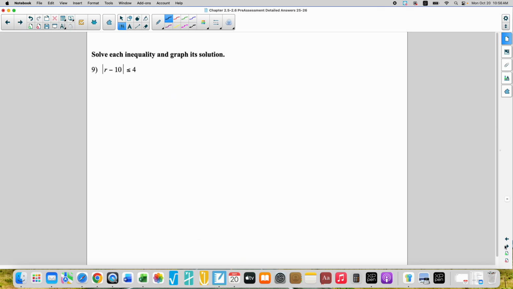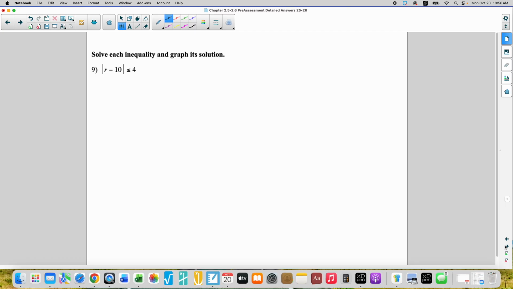Good. All right, solve each inequality and graph its solution. Notice with these, we have absolute value bars now. So absolute value, remember, is a distance. So we know that what would have a distance of 4?